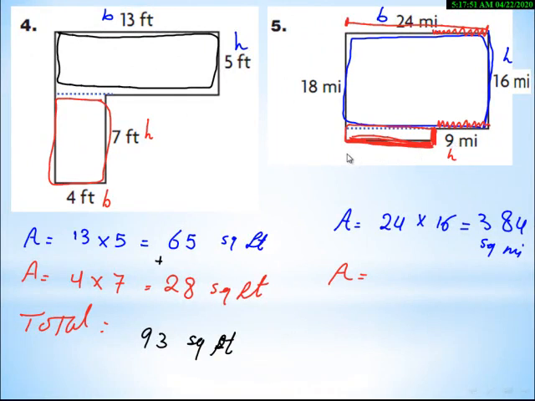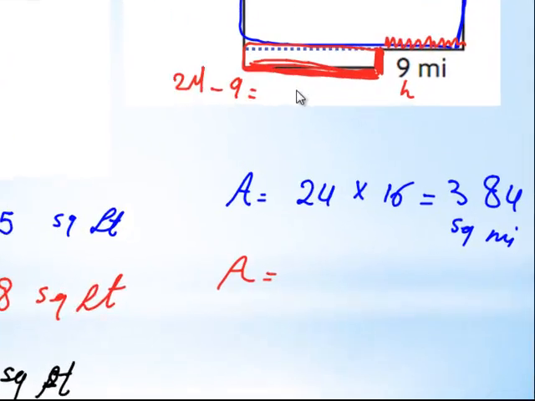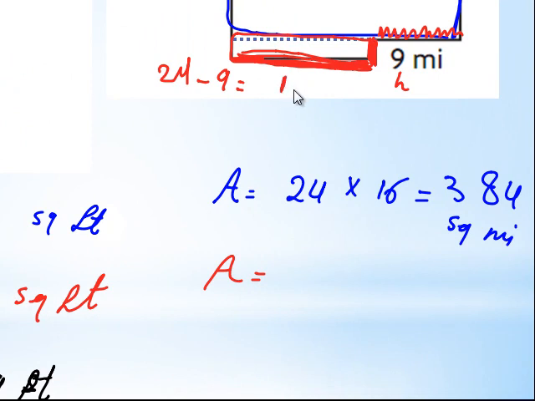So I need to subtract 24 minus 9 to find its base. 24 minus 9 equals what? Excellent. 16 millimeters. So its base equals 16, multiply its height, which is 9.